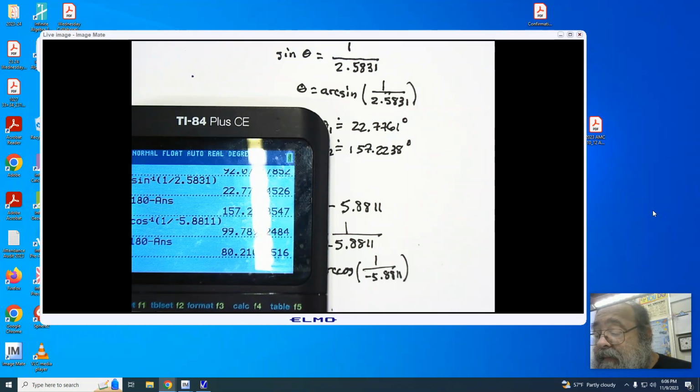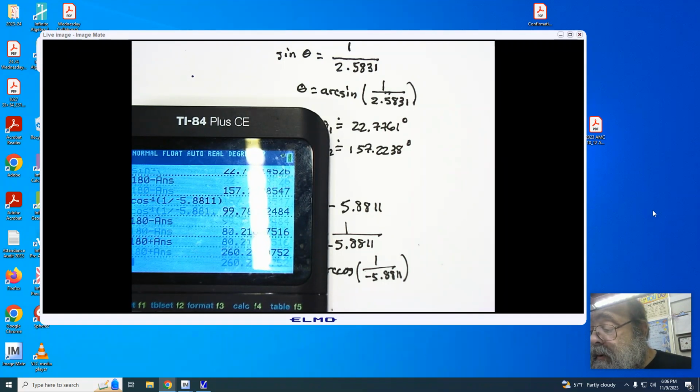There is my reference angle. Once I have the reference angle, I need to add 180 to get to the third quadrant, plus the last answer. Let's try that again. Plus the last answer, and I end up with my second answer.